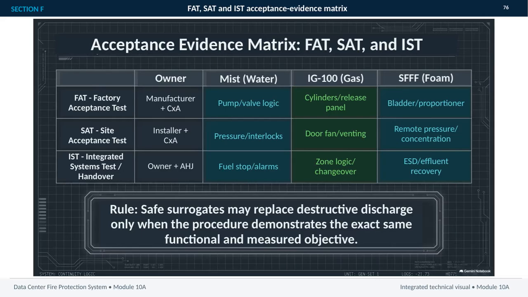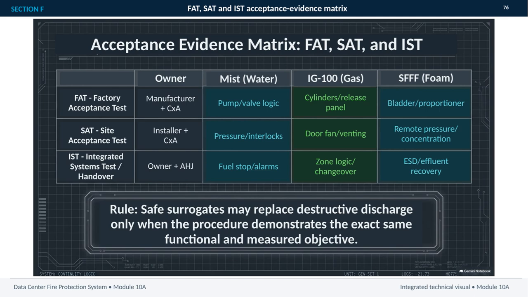This slide organizes acceptance evidence across three stages: FAT, SAT, and IST, with the owner and responsible parties clearly identified for each. The key principle is that each test must demonstrate the intended function at the appropriate level of integration. FAT, or factory acceptance testing, is led by the manufacturer with the CXA.